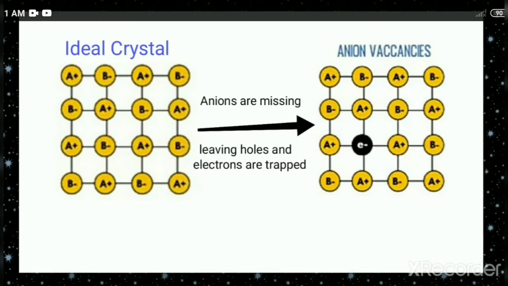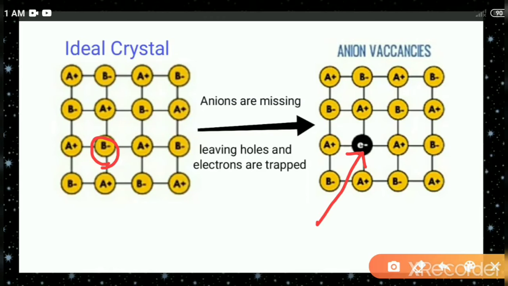So let us discuss what anionic vacancy is. This is an ideal crystal which is shown in the figure here. Let this one, B negative, be missing. So we can say a hole is developed. The anion is missing, leaving a hole, and in order to maintain electrical neutrality, an electron gets trapped in that hole.